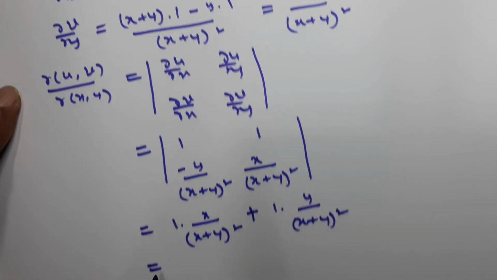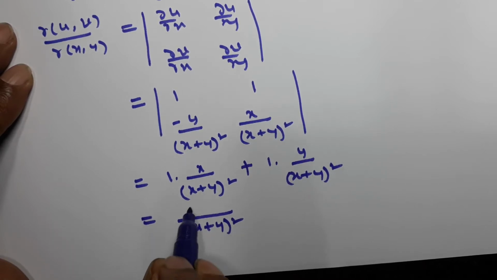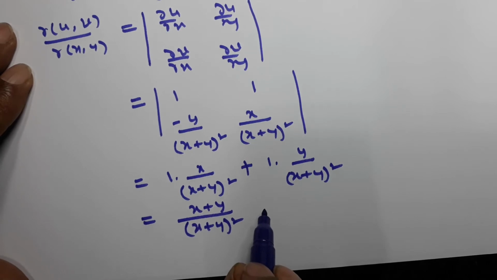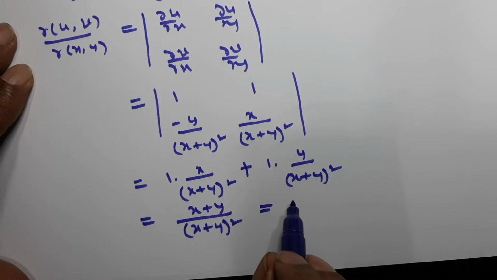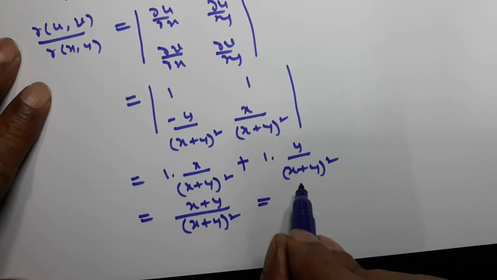As the denominator is the same, sum the numerators. (x plus y) whole square, the numerator will be x plus y, is equal to 1 by x plus y.